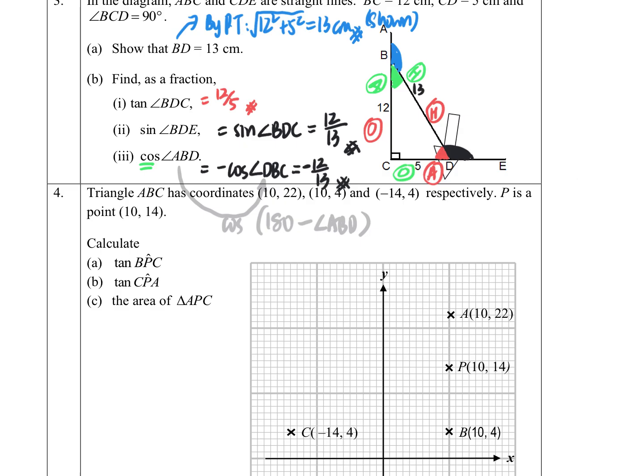B part 3. Okay, cosine of the blue angle is the obtuse one. So I need to relate to the acute beside it. So cosine of the blue one is negative of the cosine of the green one. So that's why I write this statement here before you sub in. It's just like cosine 150 is negative of cosine 30.